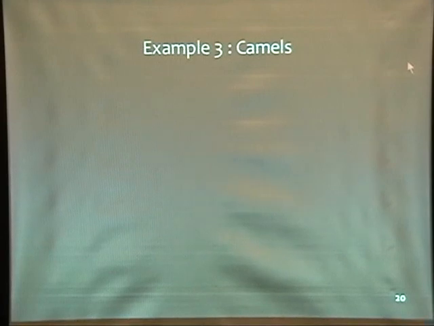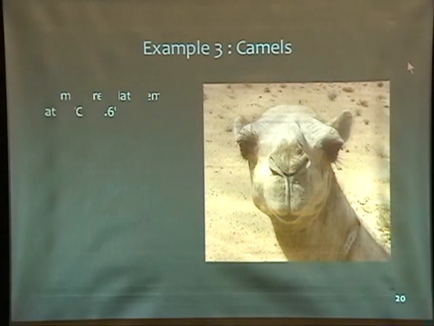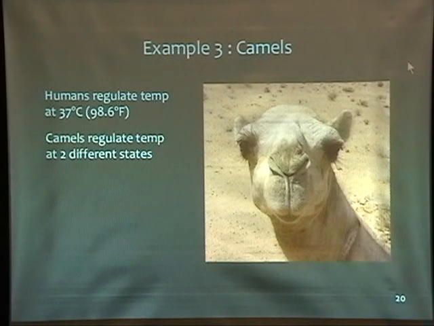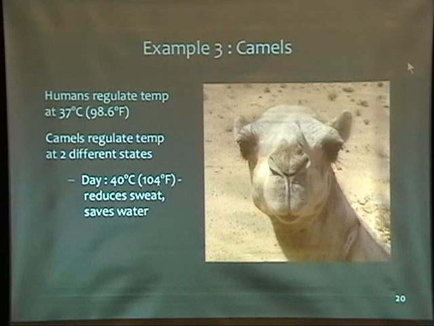Particularly camels, whereas humans regulate our temperature at 37 degrees centigrade, that's 98.6 Fahrenheit, camels regulate their temperature at two different states. During the day, they regulate at 40 degrees centigrade, that's 104 Fahrenheit. That reduces sweating. They let their temperature drift up to the ambient warm temperature of the desert.